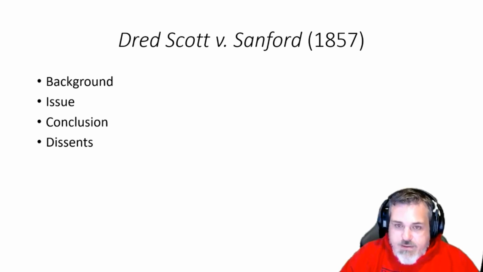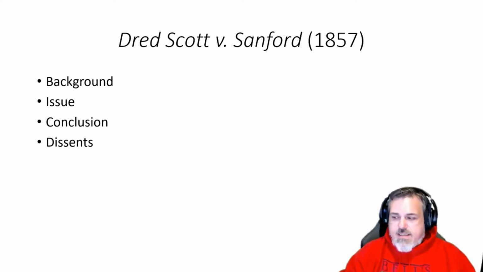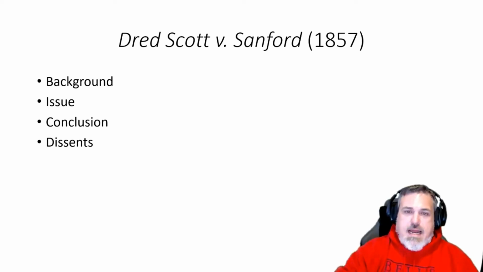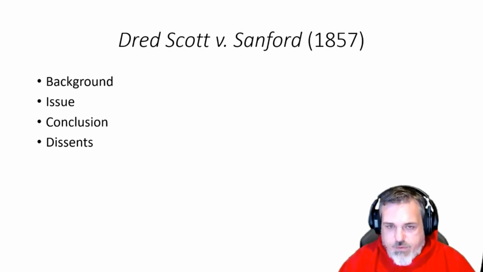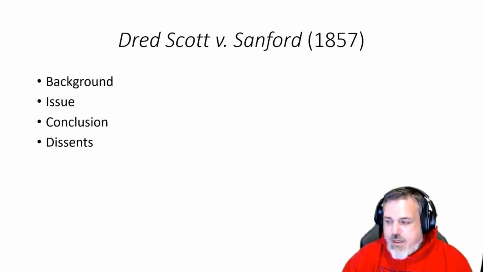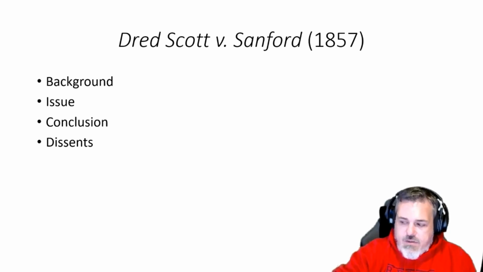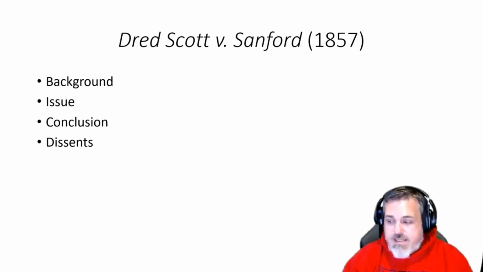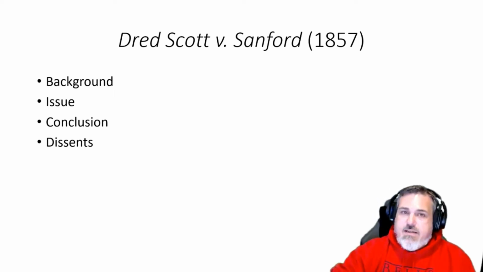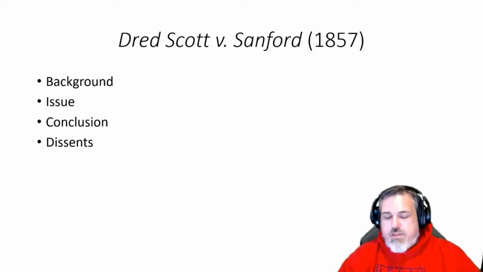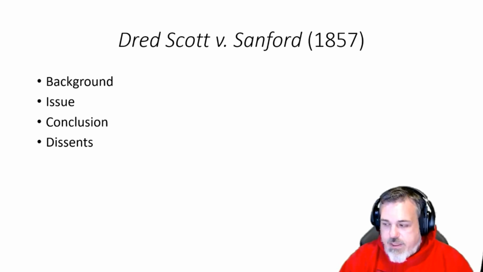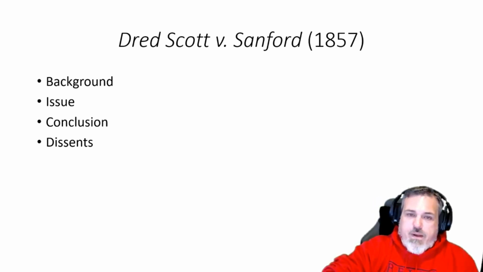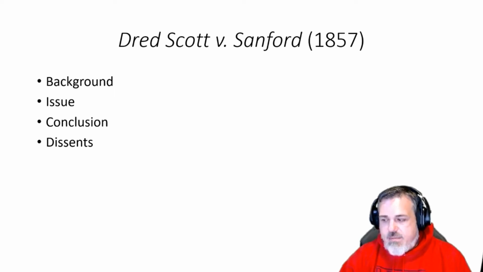And the reason for this is Chief Justice Taney looks at the Constitution at the time it was enacted, using what we largely refer to as original intent interpretation, and sees that the Constitution, or at least claims that the Constitution, does not recognize African Americans as citizens of the United States. And that despite the broad language that was used in the Constitution and also the Declaration of Independence, none of that was intended to apply to African Americans.